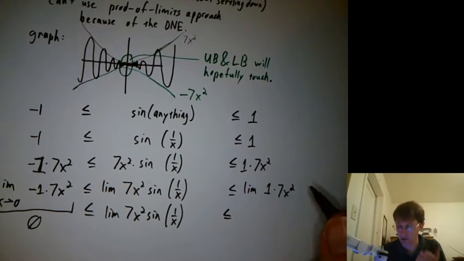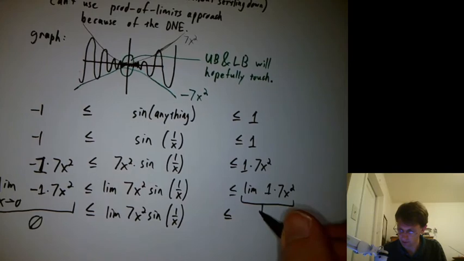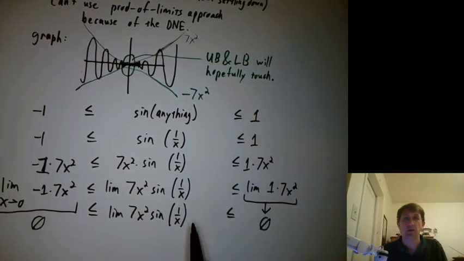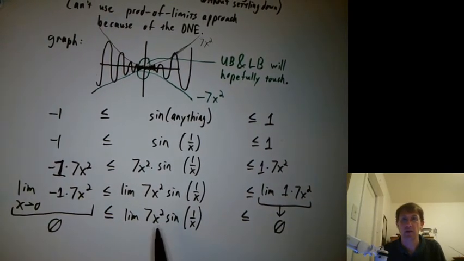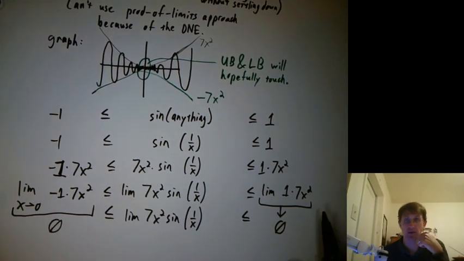You can plug in the 0 and you get 0. So the original limit we asked about is somewhere between 0 and 0. I wonder what it is. We have squeezed it between an upper bound and a lower bound.